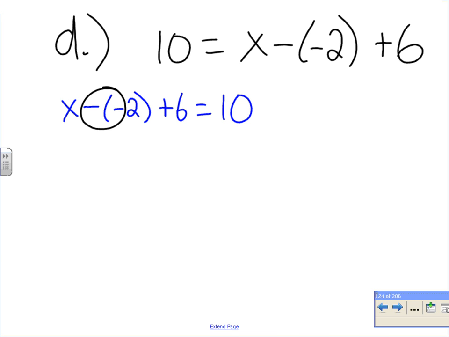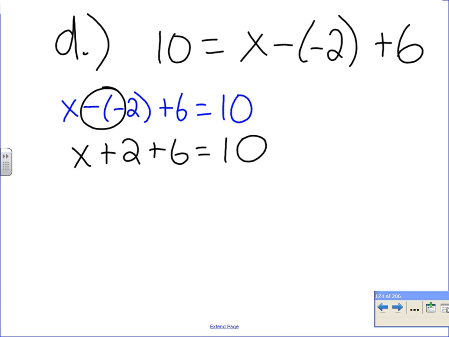See this? Back to beginning of chapter 2, end of chapter 1. Two negatives back to back makes a plus. Okay. Very first thing you need to do is change this to be x plus 2 plus 6 equals 10. Do not move anything until you simplify each side of the equation as much as you can.